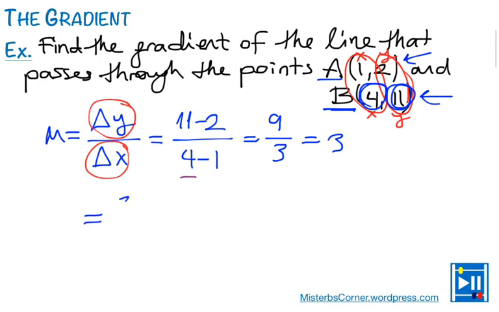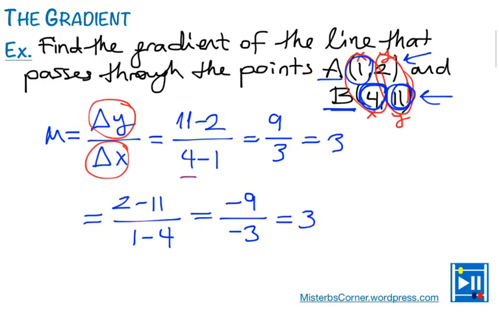Yes, you could write 2 minus 11, which is fine, but then you have to write 1 minus 4, not 4 minus 1. Because the order is important. If you're starting with the coordinates of A, you have to go on with the coordinates of A, and vice versa. In that case, let's go on with the calculation. 2 minus 11 is minus 9, and 1 minus 4 is minus 3, so we still end up with the same gradient. So as long as you do the calculations correctly, it doesn't matter which coordinates you start with.